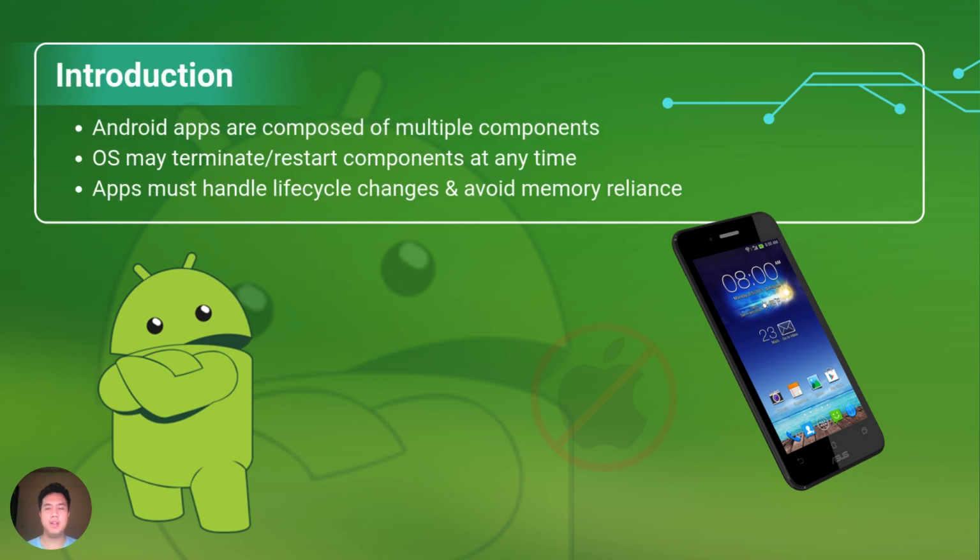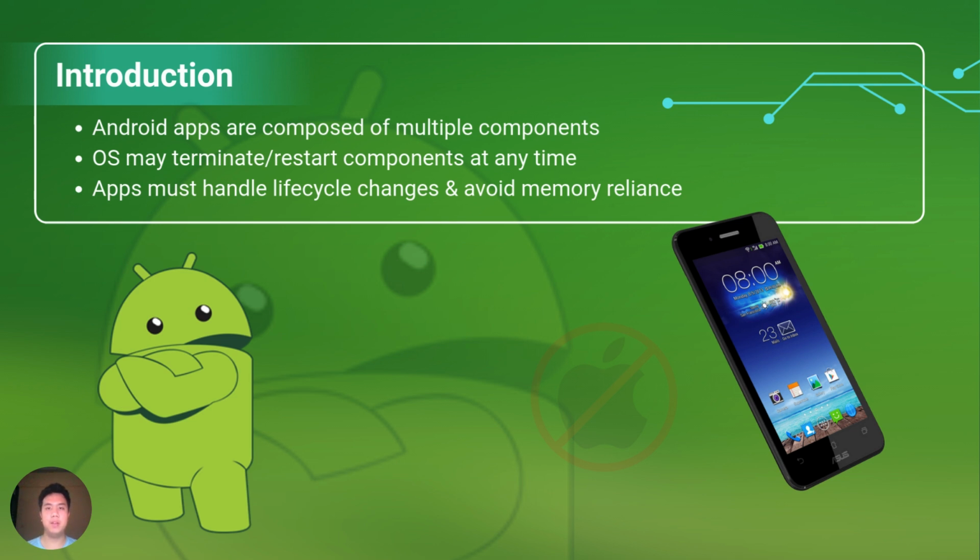Android applications are made up of multiple components such as activities, fragments, services, content providers, and broadcast receivers. These components are declared in the app manifest, allowing the Android OS to manage them and integrate the app into the overall system.